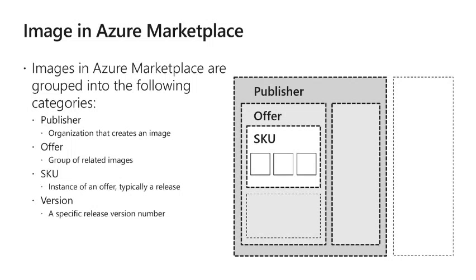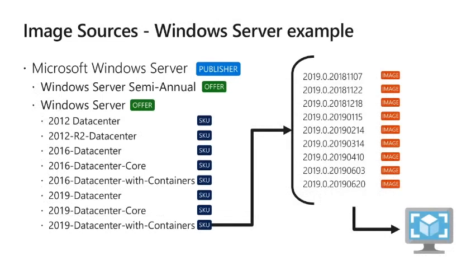You can create an image in Azure, which is divided into the following categories: publisher, offer, SKUs, and version. You can create an image of your virtual machine, and you get the virtual machine image.